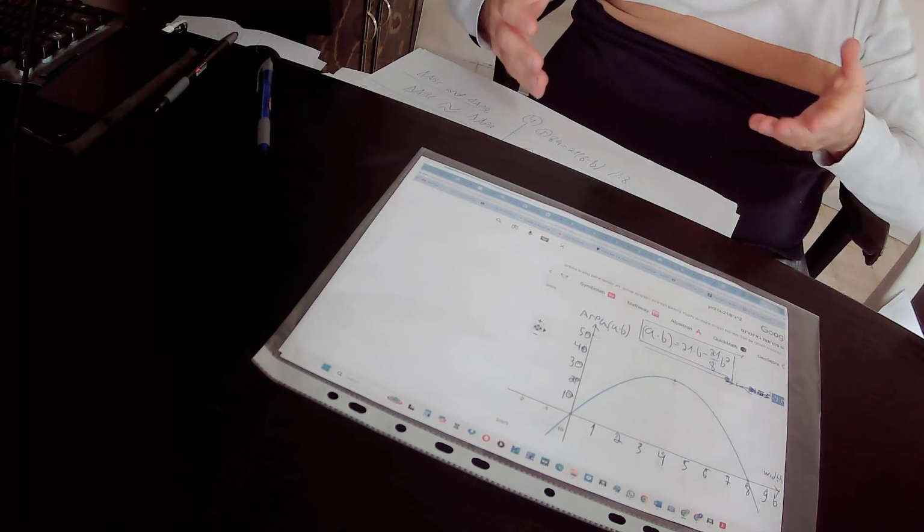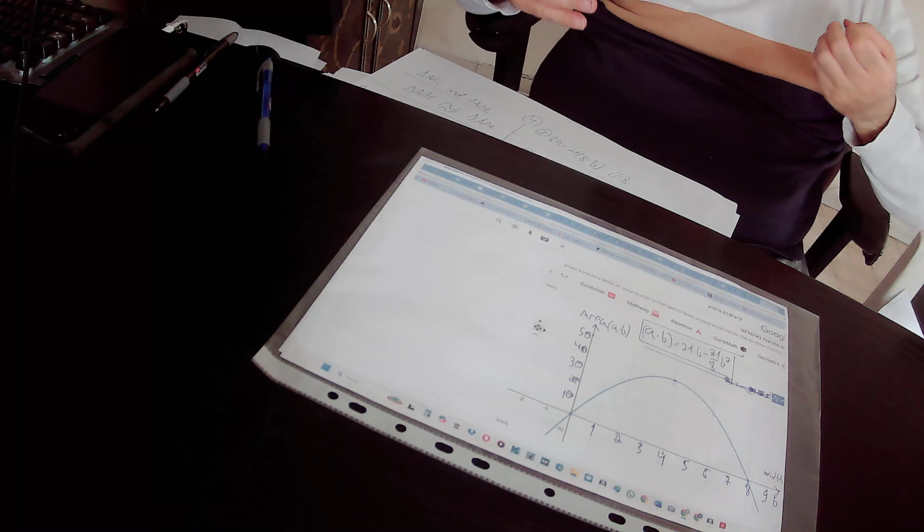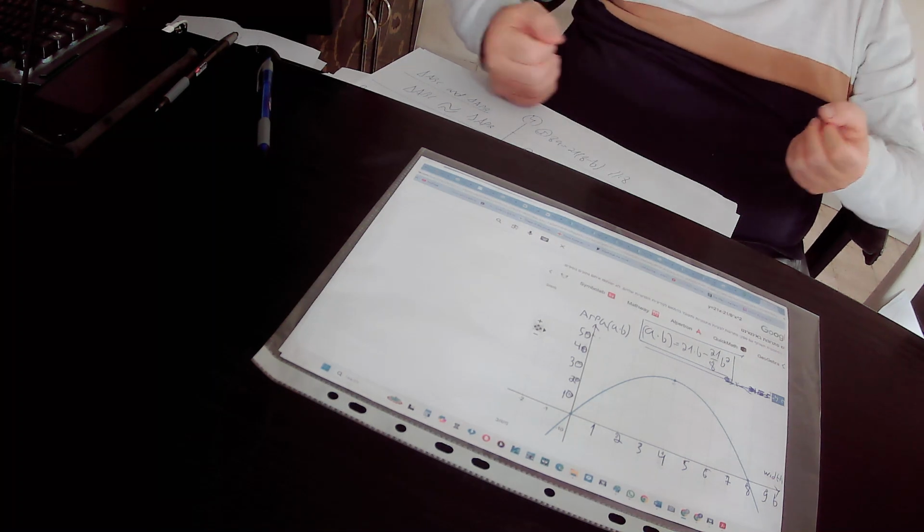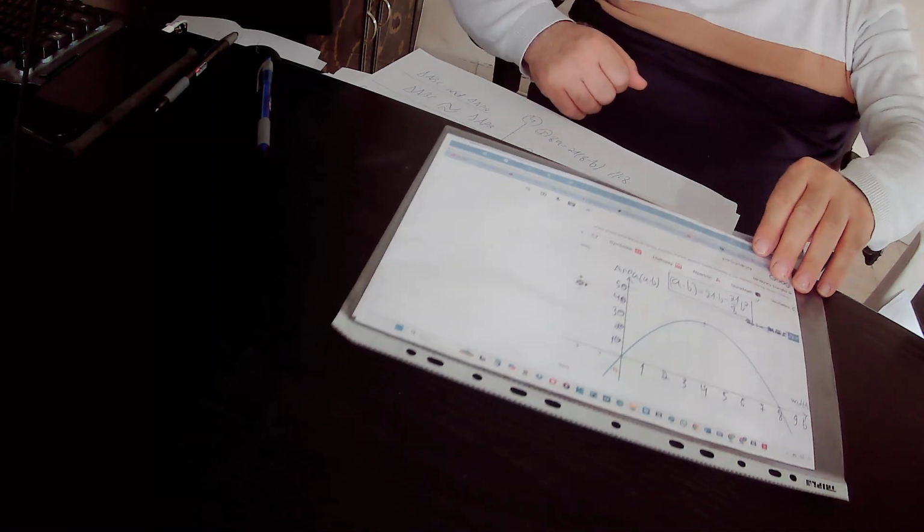So in this way we verified that b equals 4 is the maximum extreme point and not a minimum extreme point. So the only thing left to do is to put the value of b equals 4 inside the function area in order to find out what is the maximum area of rectangle PQST.